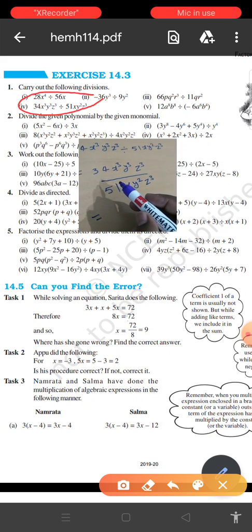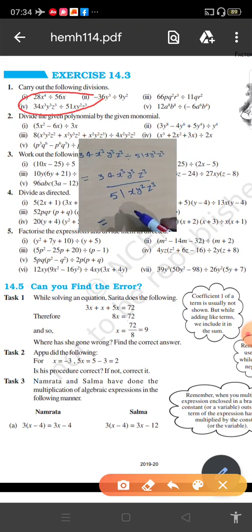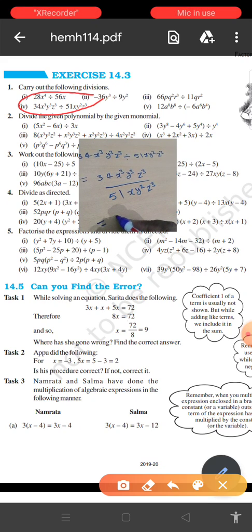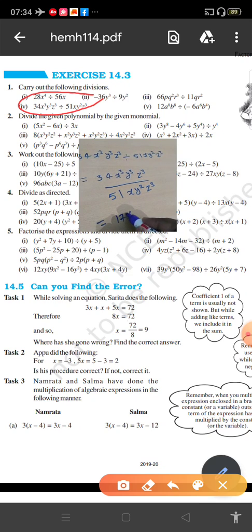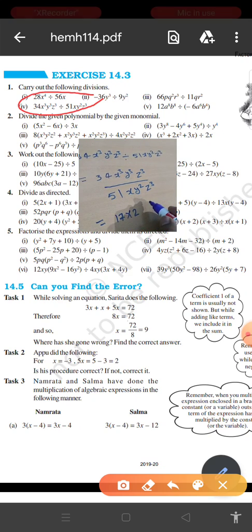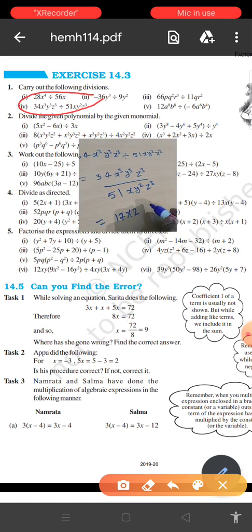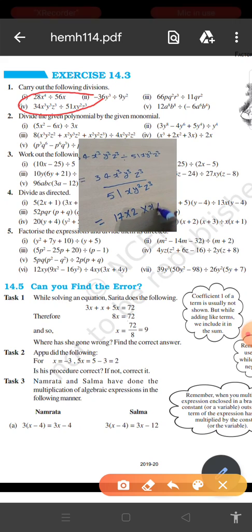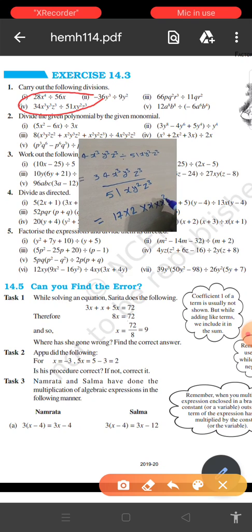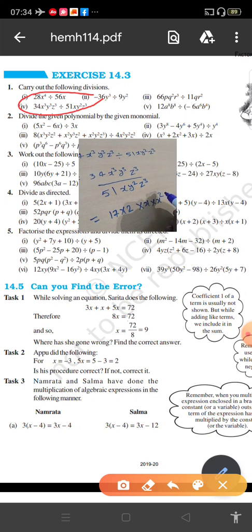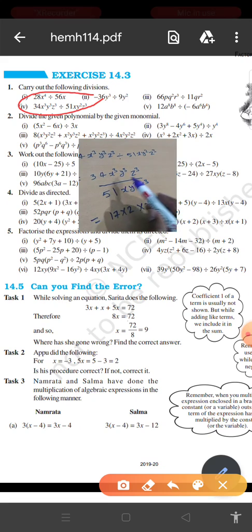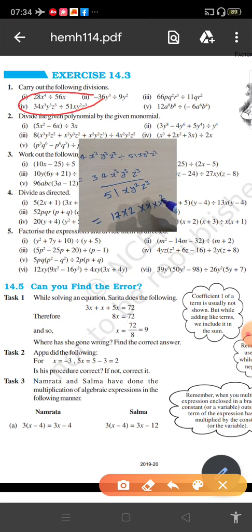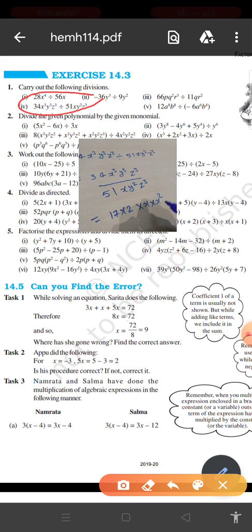So first we write 34 like this, 17 into 2, okay, and x cube we can write as x into x square, because you can see here x cube, and here you can break it as x power 1 into x power 2, this becomes x power 3. Clear?